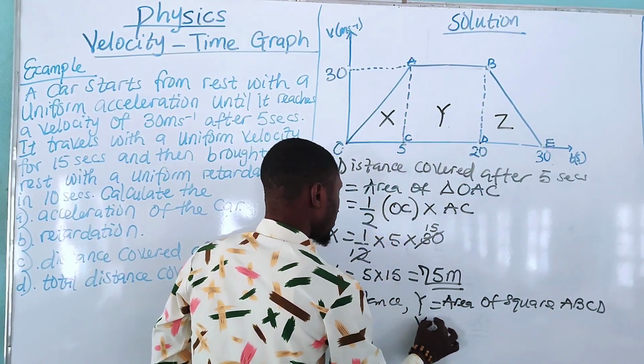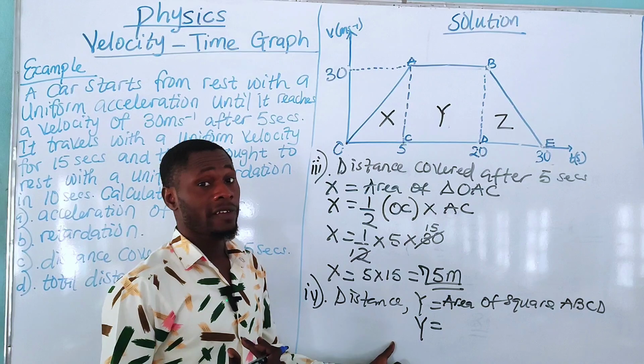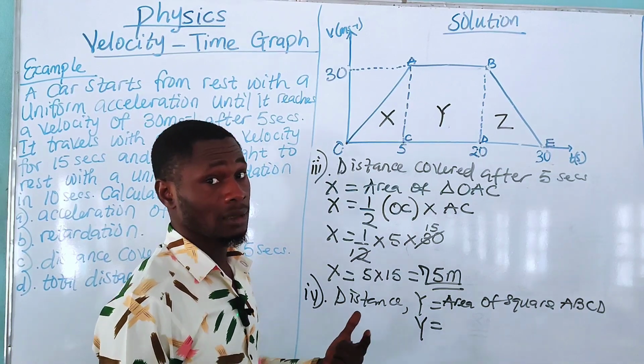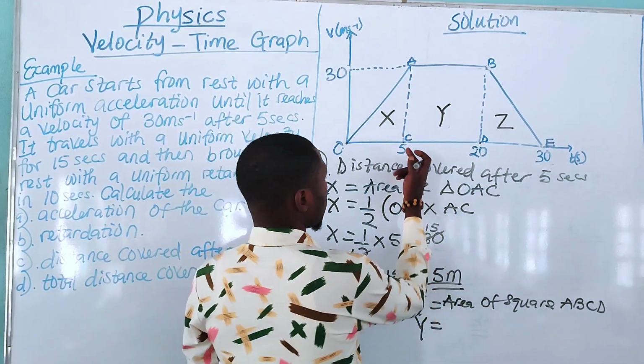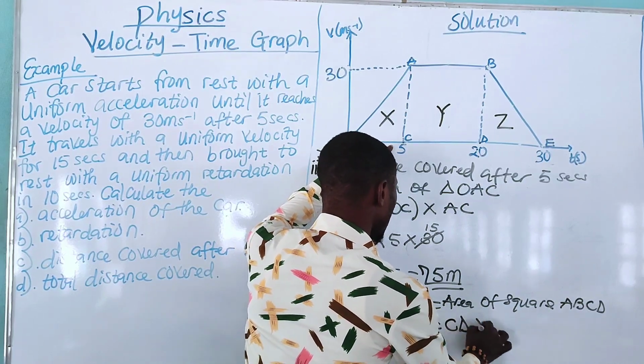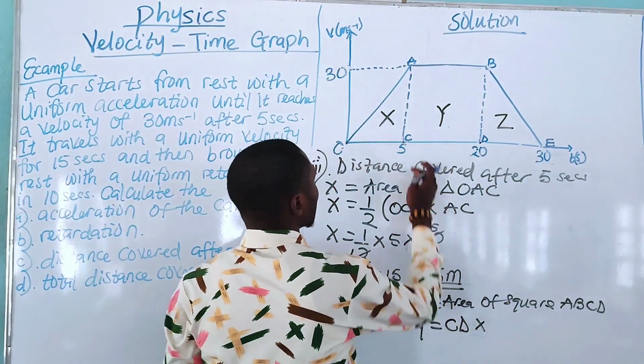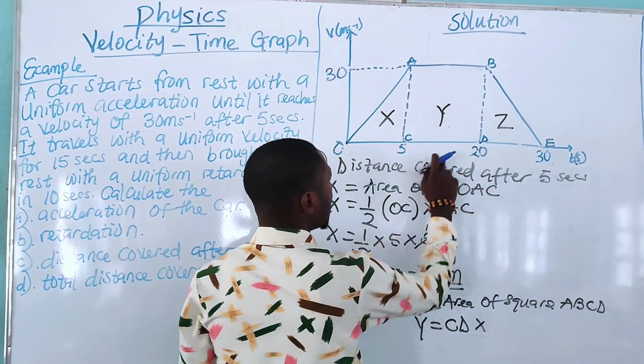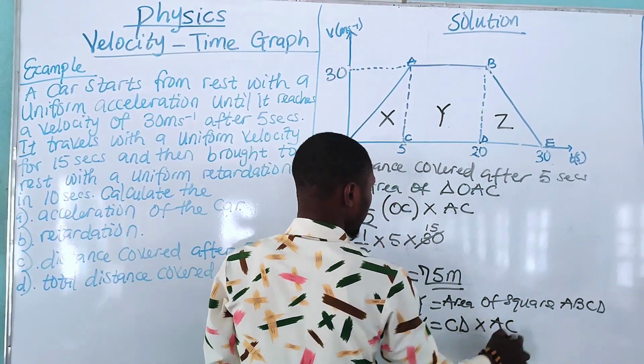Now the formula for the area of a square is length times breadth. So in this case, we're going to have CD multiplied by either AC or BD, which is still the same thing.